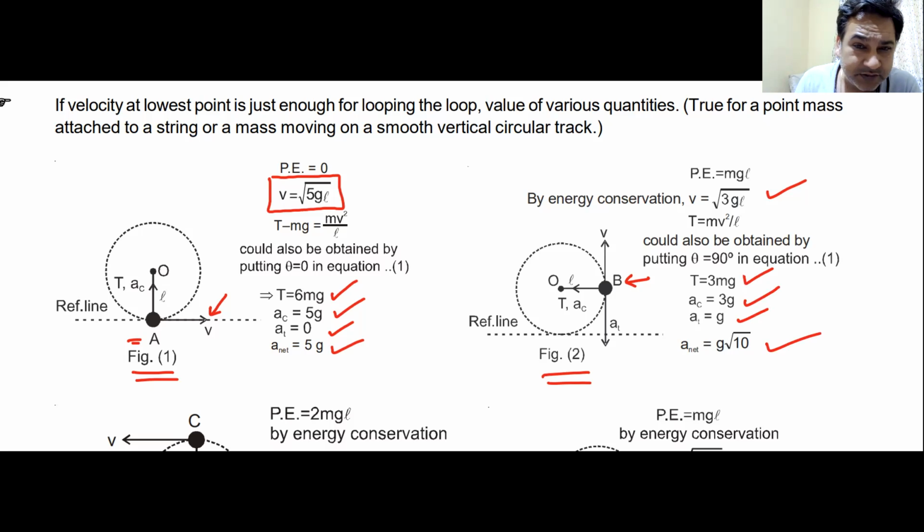This is the case where we have given root 5gl at the lowest point. What happens at point B? A minute.